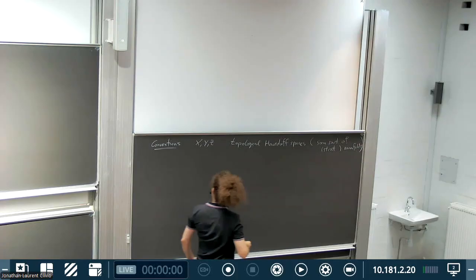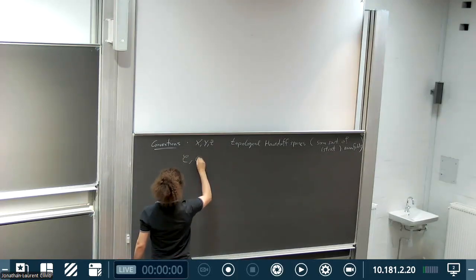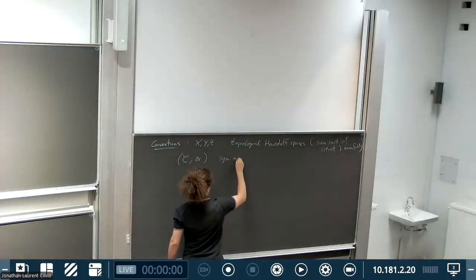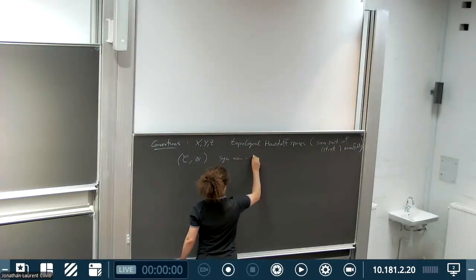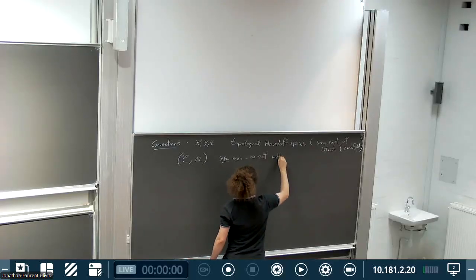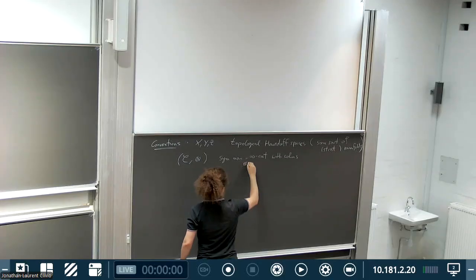And then, moreover, I will fix C. This will be some symmetric monoidal infinity category with colimits and such that the tensor product distributes over them.